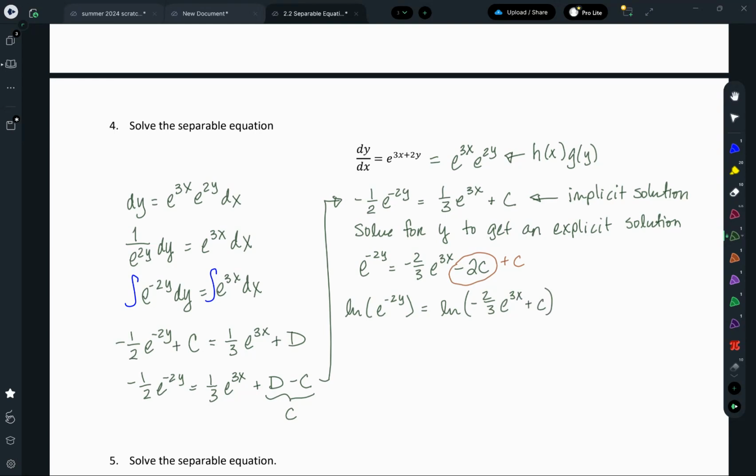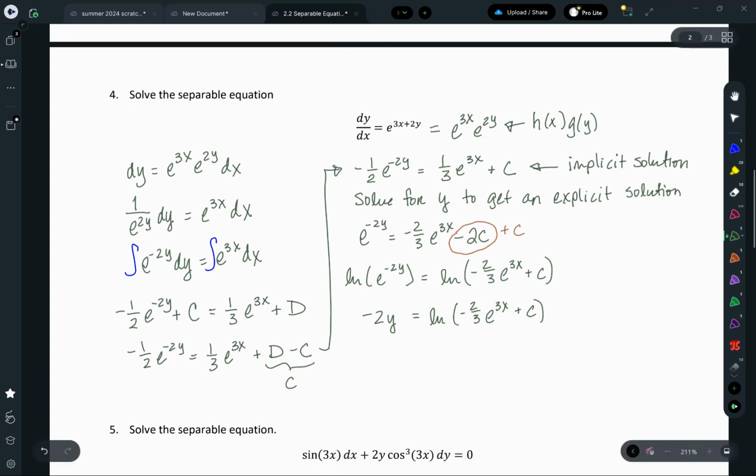Now the natural log of e to the minus 2y, the natural log and the e undo each other and leave minus 2y. On the right-hand side, nothing simplifies. We have a sum inside of a natural log, so there are no properties that will help us. So it's just simply natural log of negative 2/3 e to the 3x plus c.